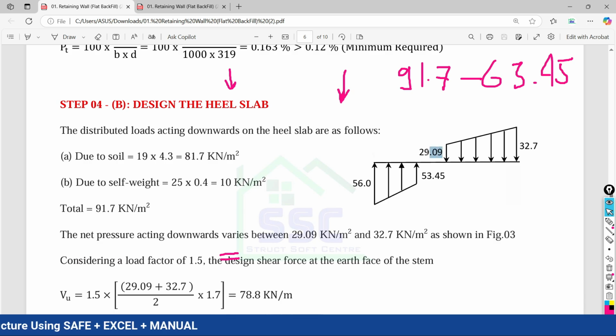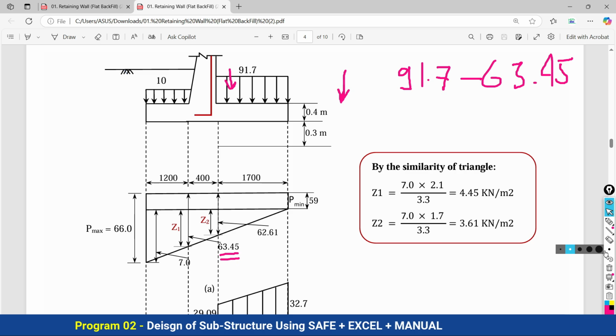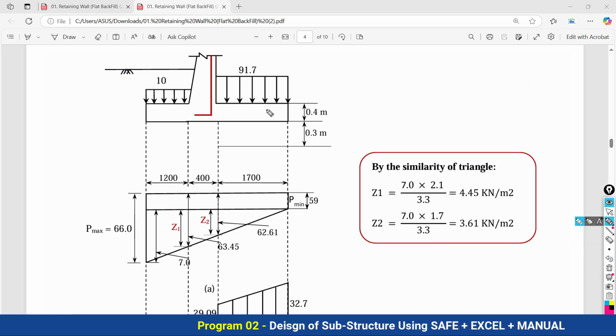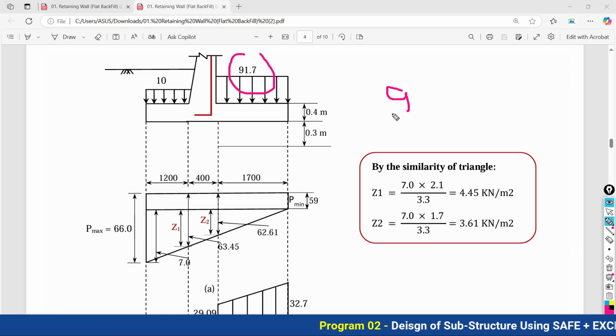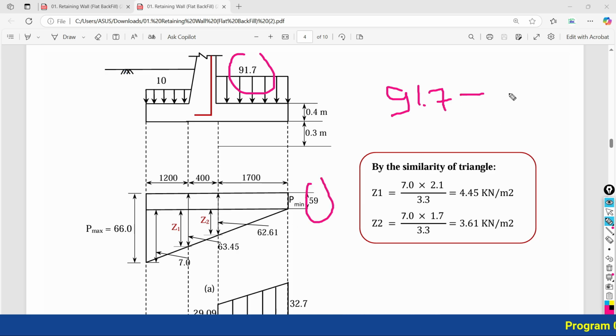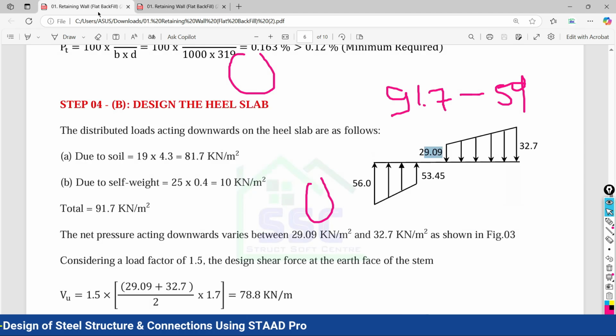Here it is given, this value will be in downward direction 29.09. And next if you subtract the upward value 59 from the downward value 91.7, the resultant value will be in downward direction because 91.7 is greater. So the resultant value will be what? 32.7.